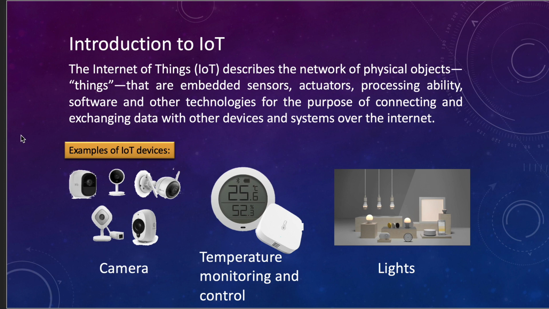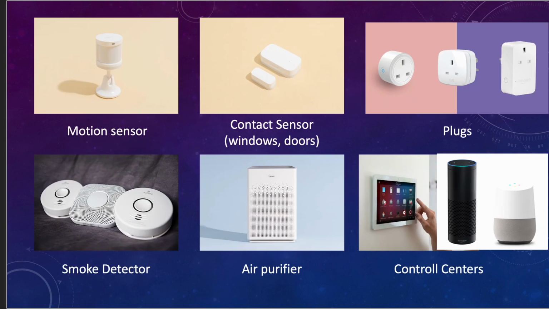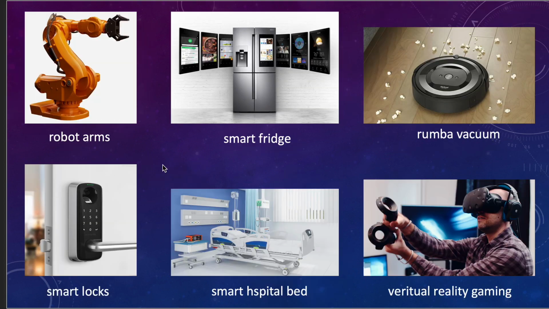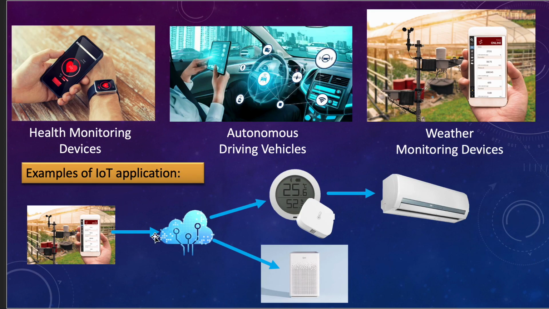Then we looked at several examples of IoT devices, including cameras, smart lights, temperature control units, motion sensors, smoke detectors, and so on and so forth. We looked at several industrial examples such as robotic arms or smart hospital beds. Then we talked about autonomous driving vehicles, weather monitoring, health monitoring, and then we looked at examples of how these are being applied.